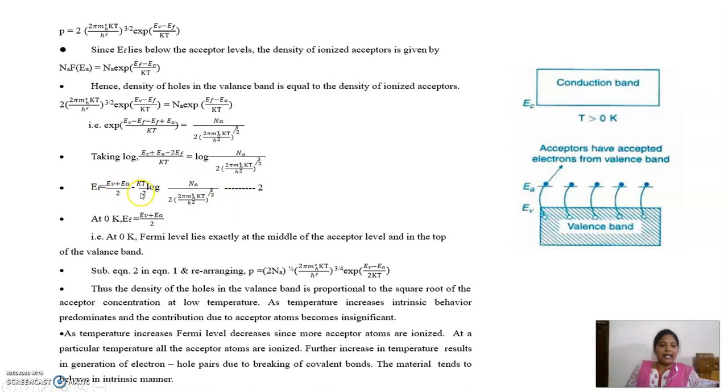This is the equation for the Fermi level. If we take T equal to 0 Kelvin, then EF is equal to (EV plus EA) by 2. That is, at T equal to 0 Kelvin, the Fermi level is located at (EA plus EV) by 2.